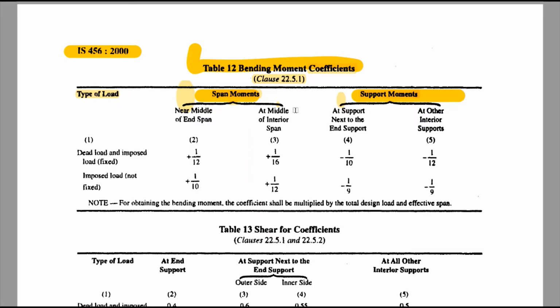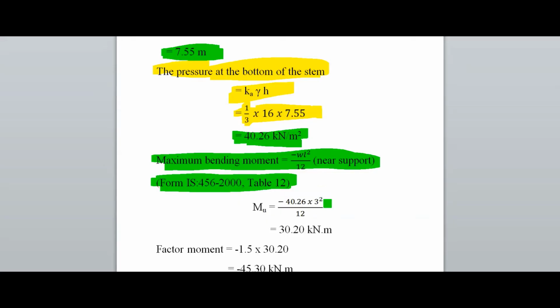But you have to find these coefficients: 1 by 10, 1 by 12. So you saw why we follow IS 456 2000 table number 12.